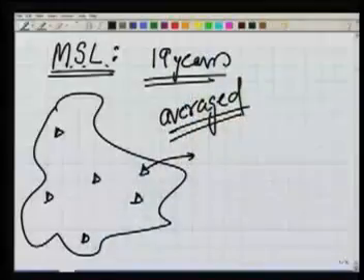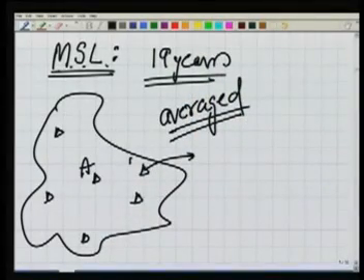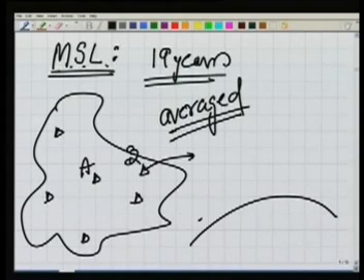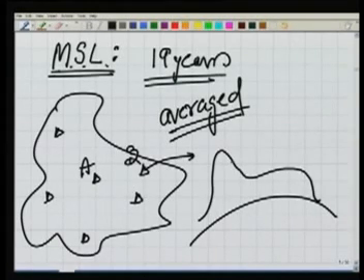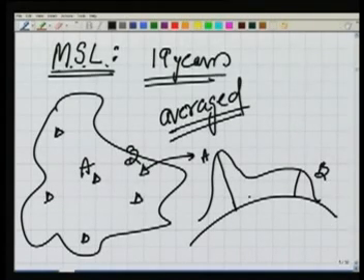If I say this point A is higher than B, how do I say that? Point A is somewhere here and point B is there, and both of them have been referred to the same mean sea level.